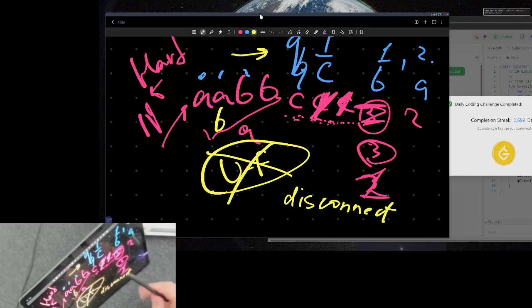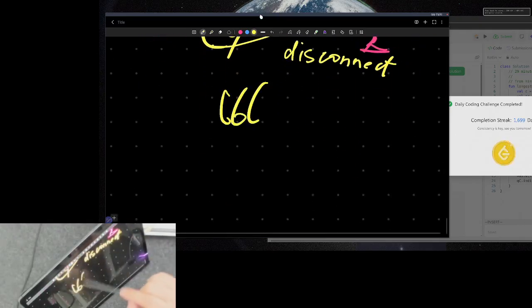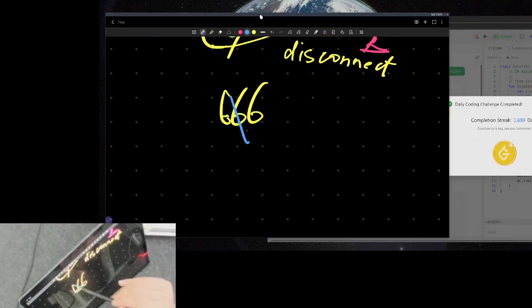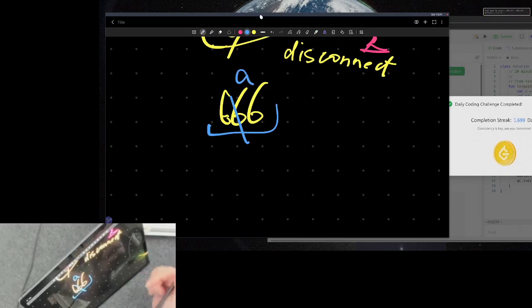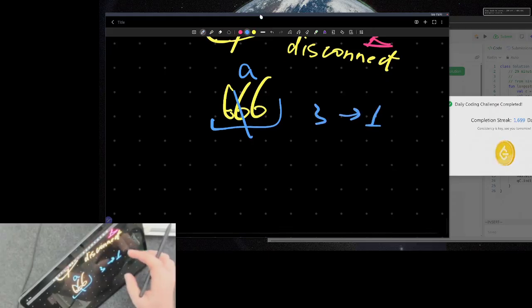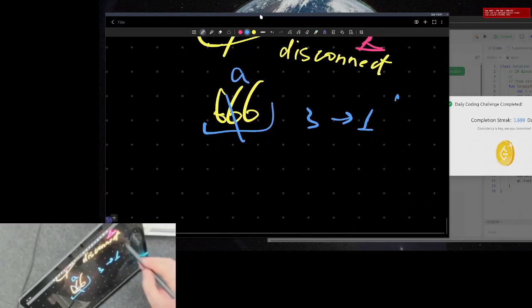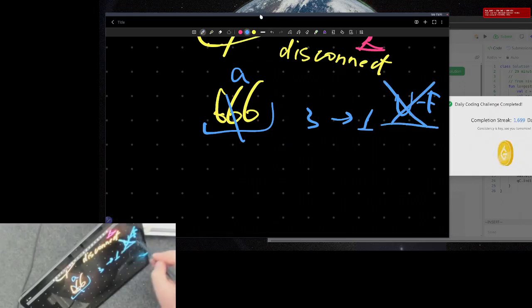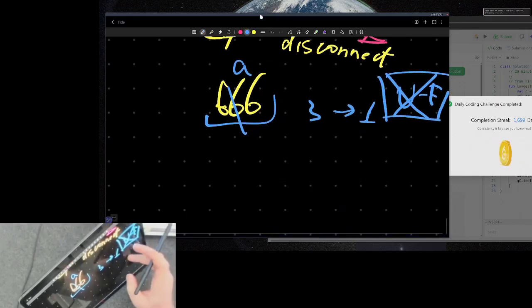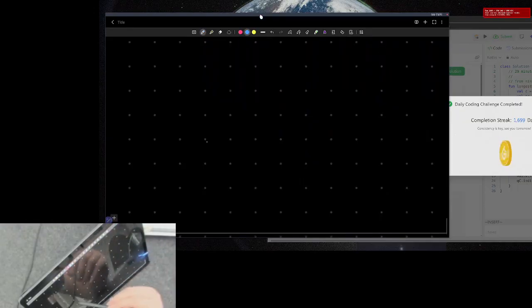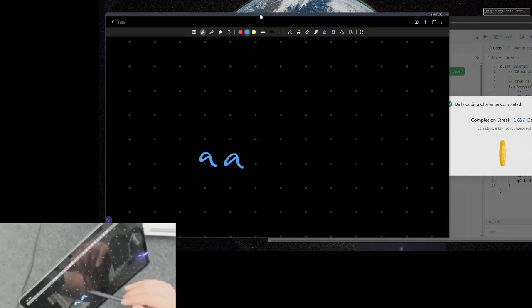Because if we have, for example, 3 B's, and they ask us to put A instead of the second B, that disconnects the entire sequence of B's and goes from 3 to 1, and this is not solvable with union find. And the solution is a segment tree. I personally didn't solve it.